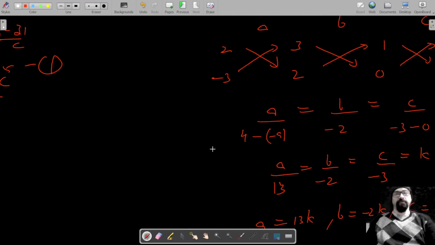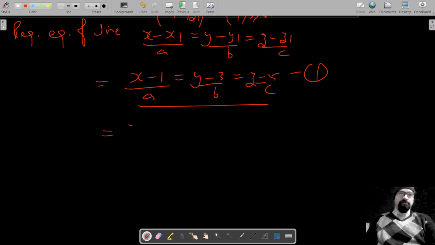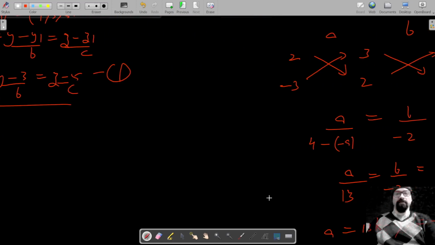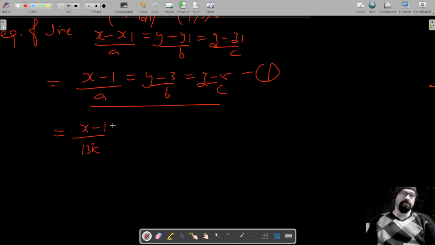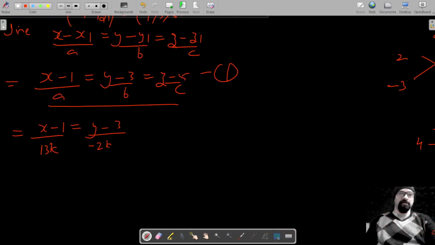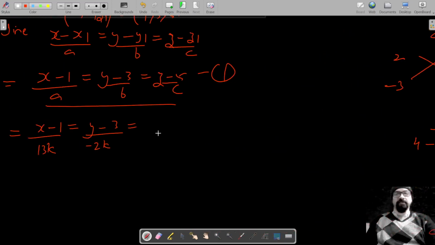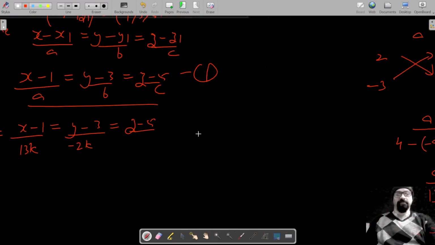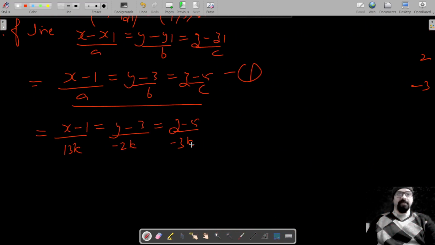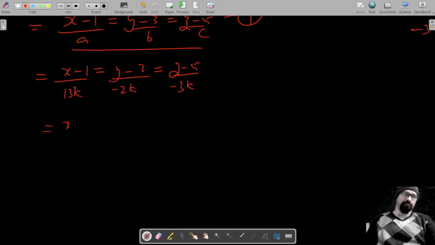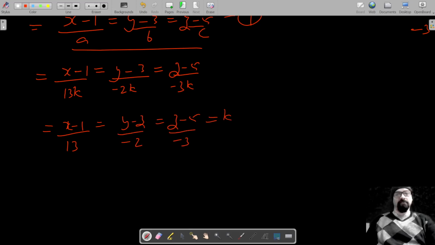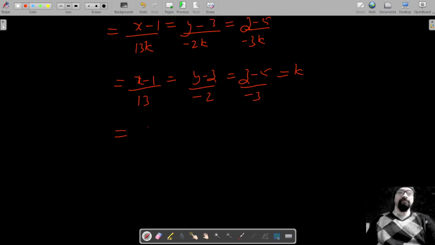Let's replace these values in this equation, which was our required equation. So (x minus 1) upon a is 13k, (y minus 3) upon b, which is negative 2k, (z minus 5) upon c, which is negative 3k. And now if we take out k, we get (x minus 1) upon 13 is equal to (y minus 3) upon negative 2 is equal to (z minus 5) upon negative 3, which gives the final equation.